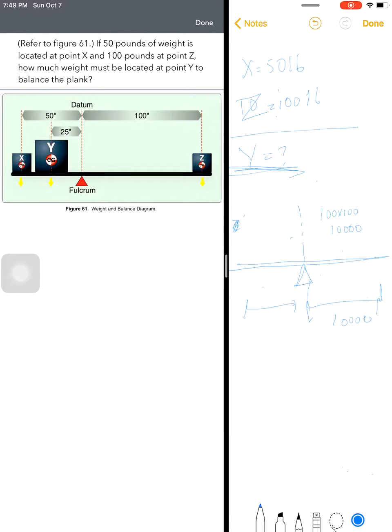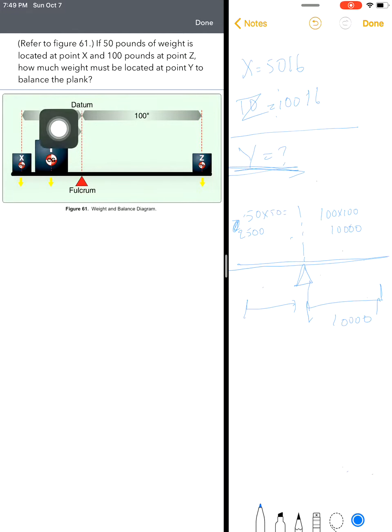Now what do we have? We have X, 50 pounds, and the distance is 50. So multiply 50 by 50. How much is that? 5,000, right? I'm sorry, what am I saying, it's 2,500.